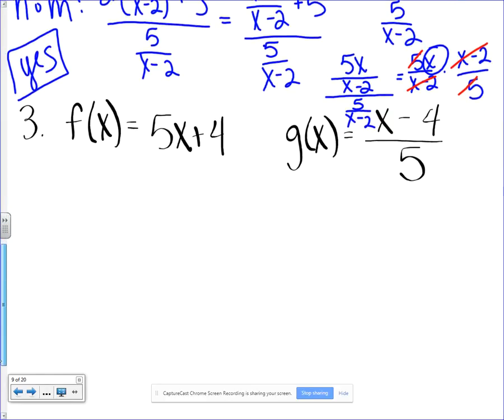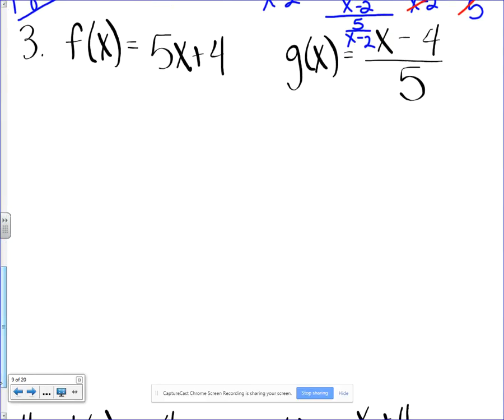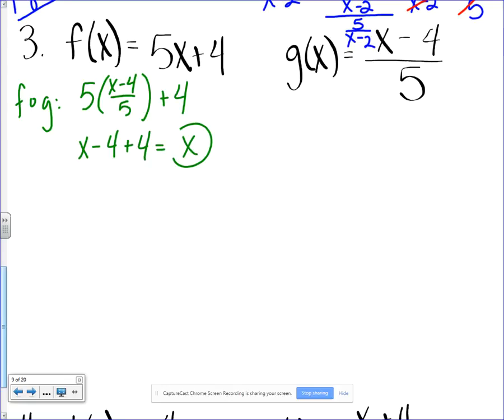Okay, let's try another one of these. Take the g function, put it into the f function. Distribute, combine, and that looks great.